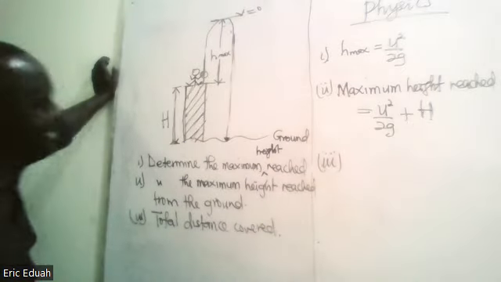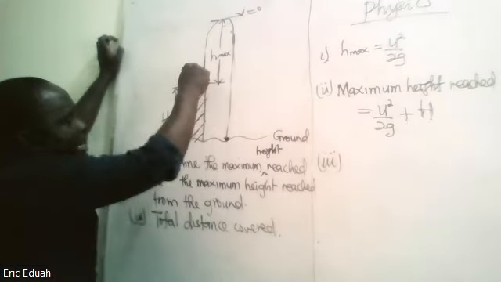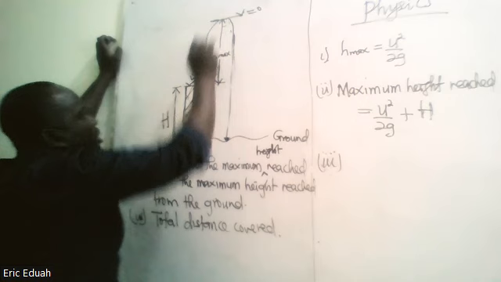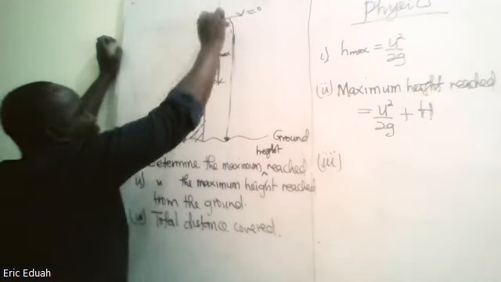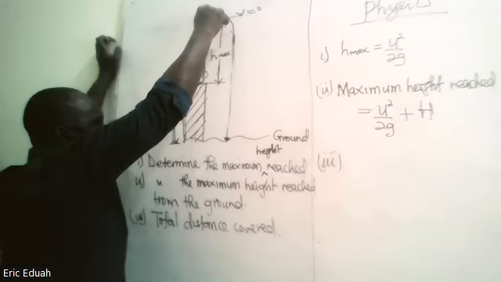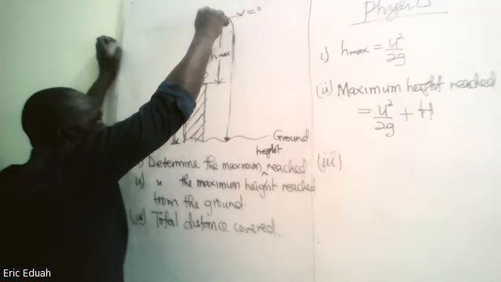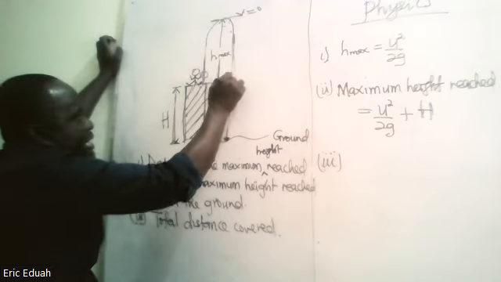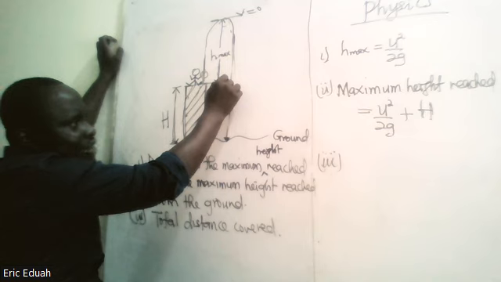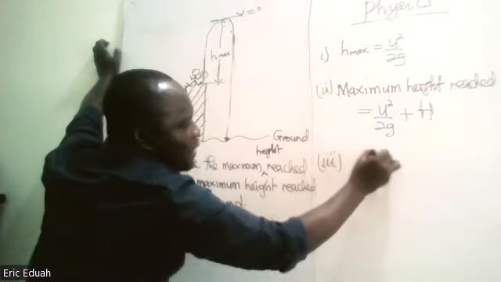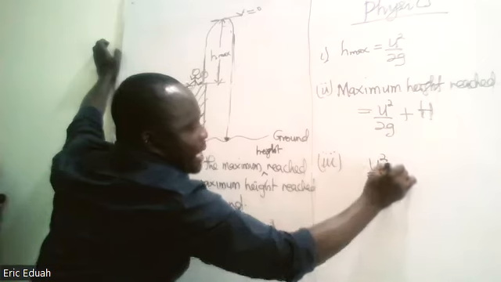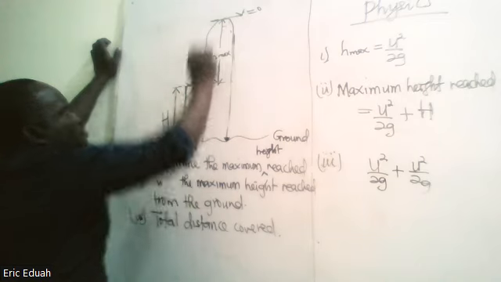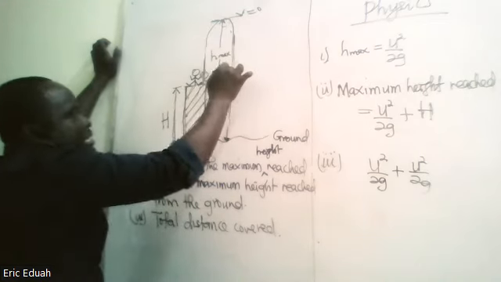If we are looking at the total distance covered, the body is thrown from the top of the tower. So it will move from here to this. A distance from here to here is what we are calling H max, U squared over 2G. When it gets to the maximum height and it's returning, it will cover the same H max, another U squared over 2G. So we have U squared over 2G plus another U squared over 2G, and that is from here back to this level.